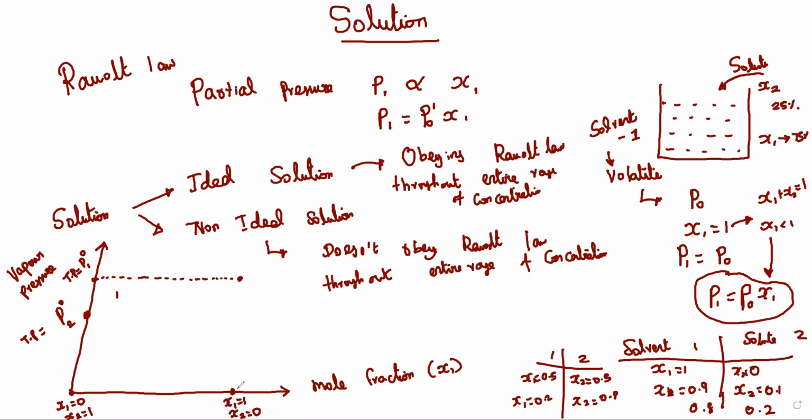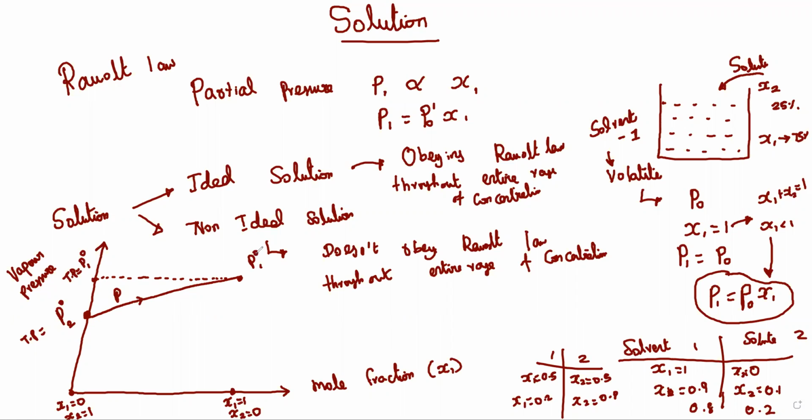When x1 is equal to 1, the solution consists of only the first component, so the total pressure must be equal to the vapor pressure of first component. If you increase the concentration of first component, its pressure increases like this. The total pressure goes like this.